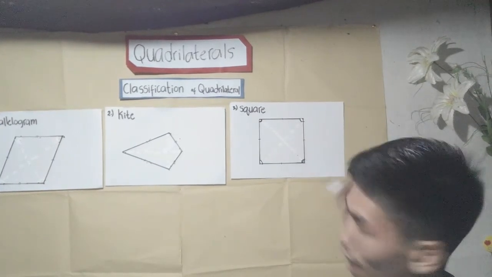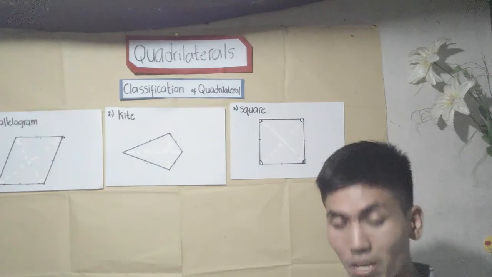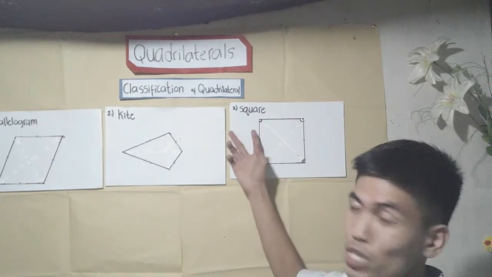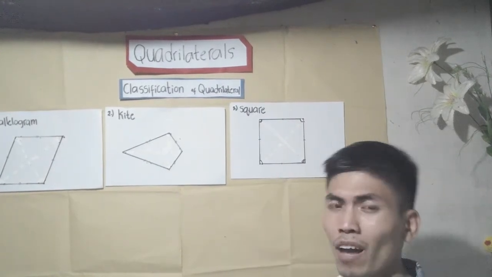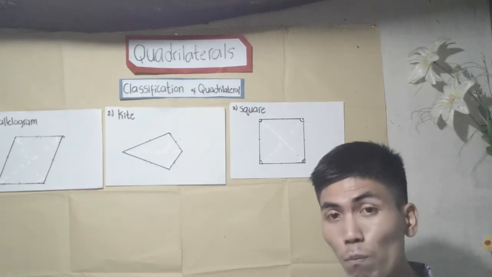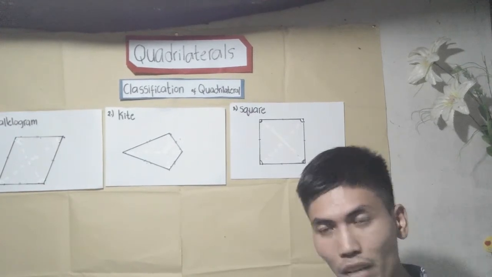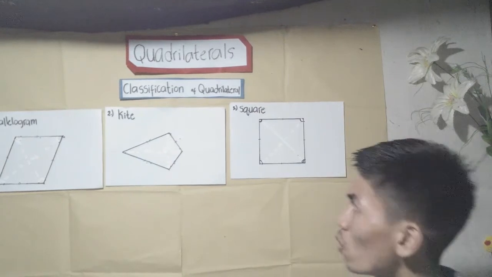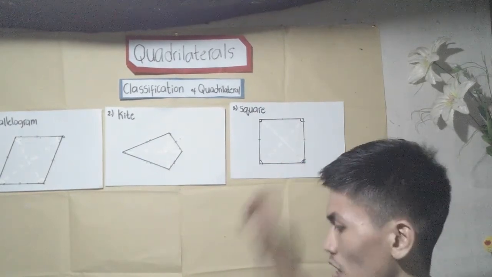So that is the classification of quadrilateral. Actually, there are more, such as rhombus, trapezoid, and rectangle, but we will focus on these three.